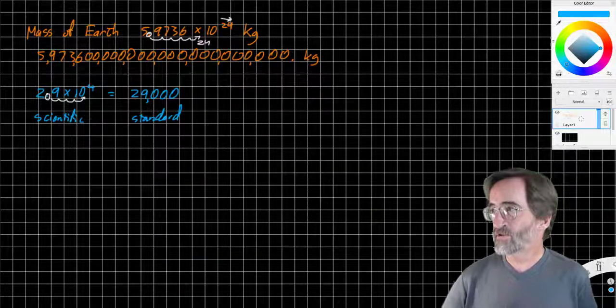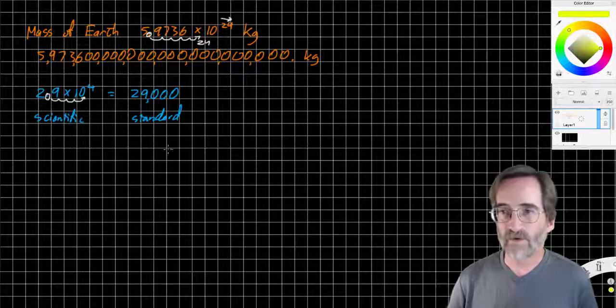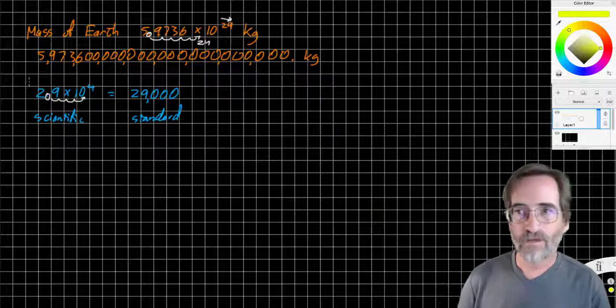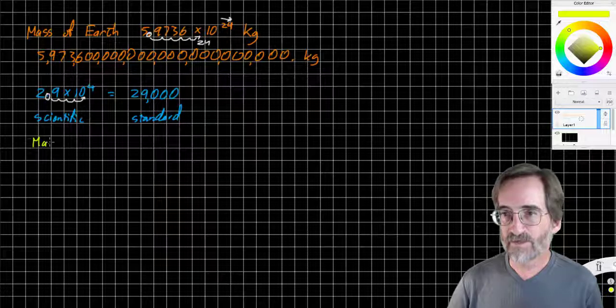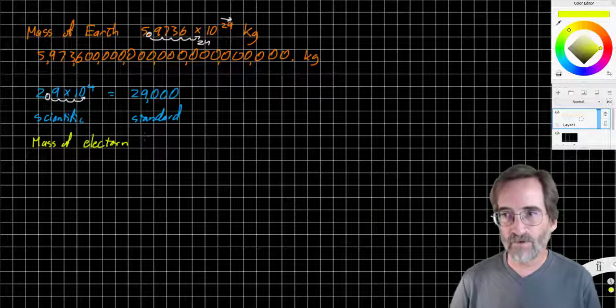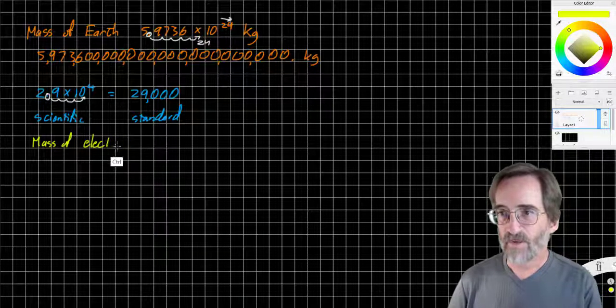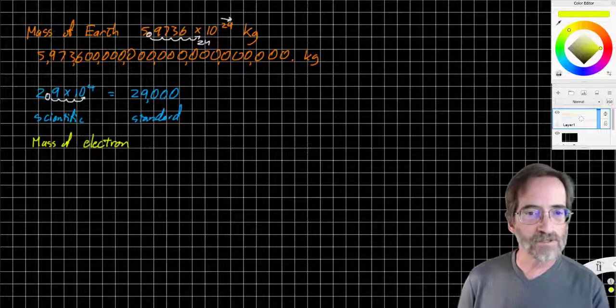Let me give you another example of a very small number, the mass of an electron. Electrons are subatomic particles with negative charge. They orbit the nucleus of an atom.